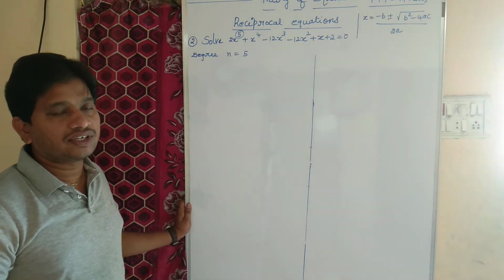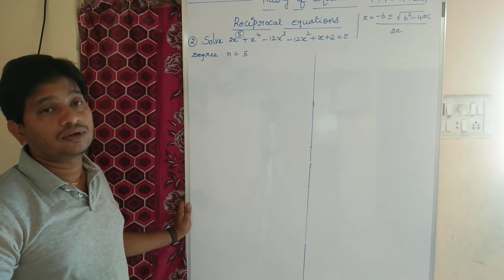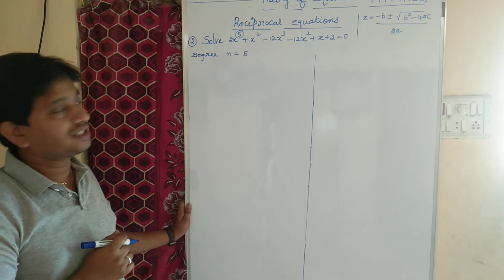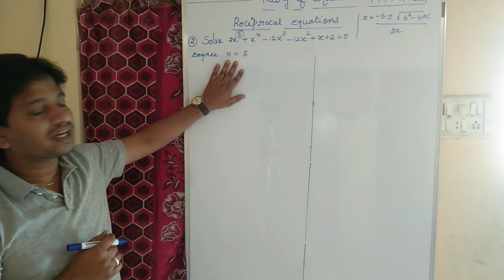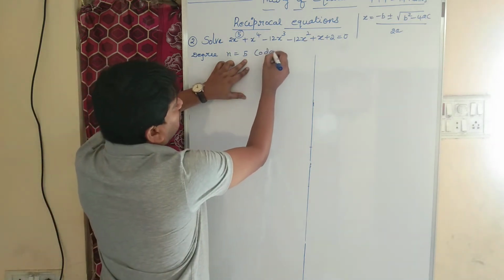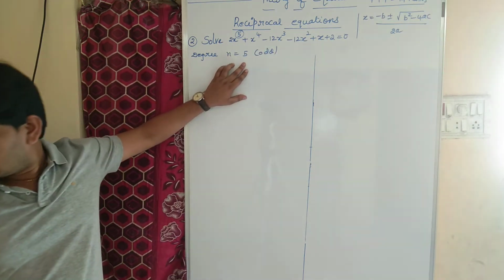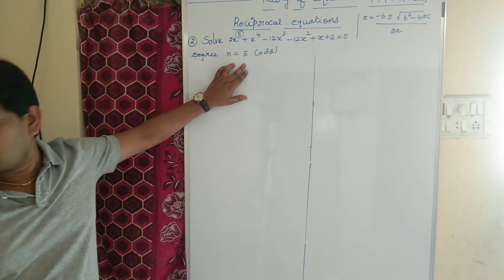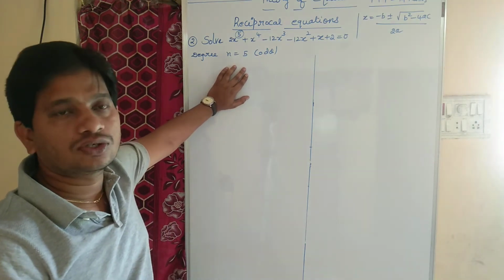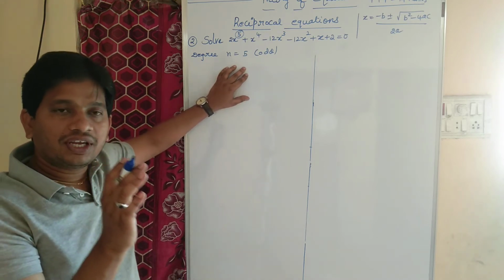So the given equation is a reciprocal equation of class 1 of odd degree, because n equals 5, which is an odd number.